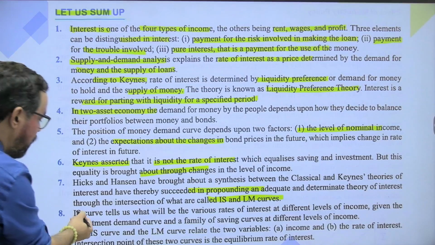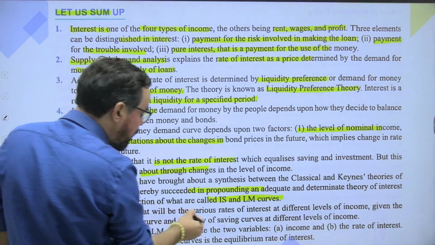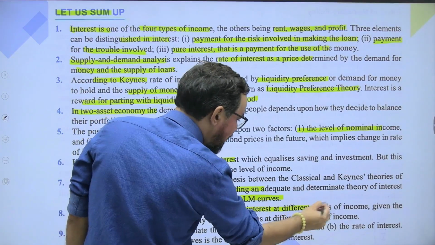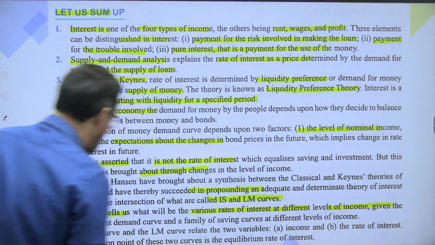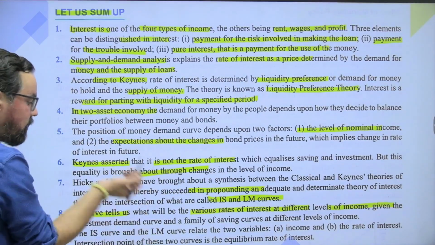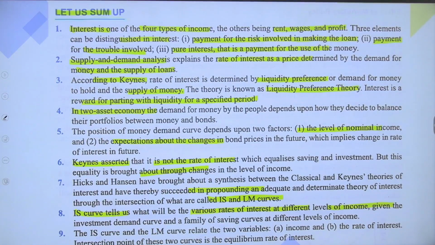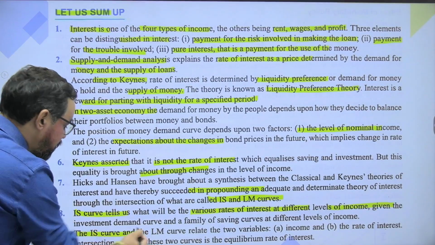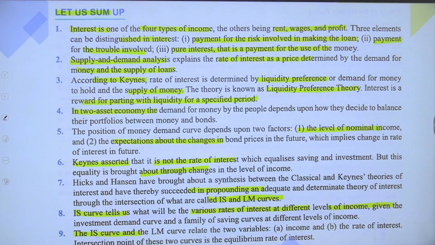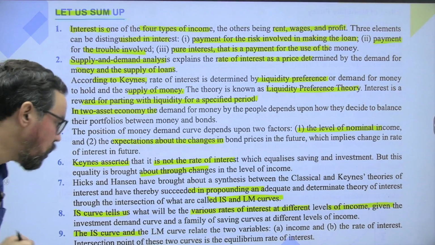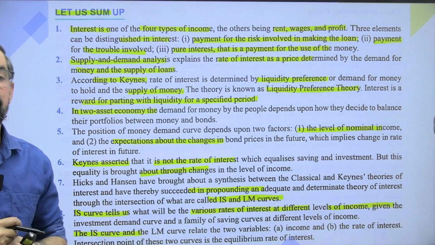The IS curve tells about the various rates of interest at different levels of income, given the investment demand curve and a family of saving curves at different levels of income. The IS curve and LM curve relate the two variables, income and the rate of interest. The intersection point of these two curves is the equilibrium rate of interest.